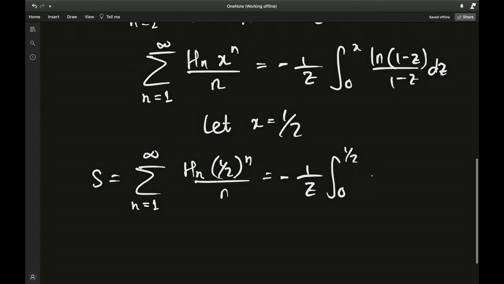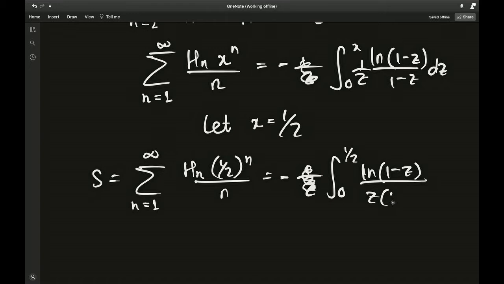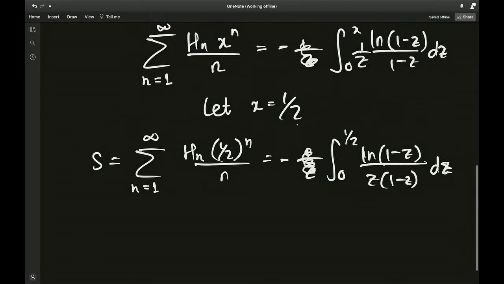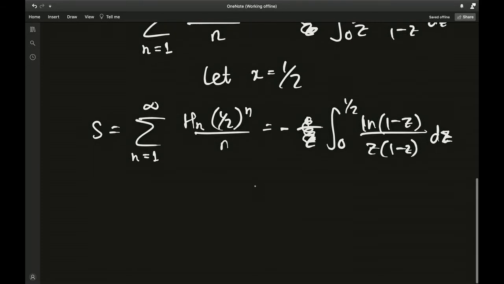Well, we need to take the z inside, because it's an integral with respect to z. So we have natural log of 1 minus z over z times 1 minus z, dz. Since there was a dz, I need to take the z inside, otherwise we were good.